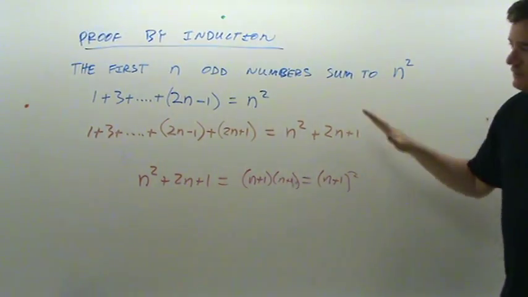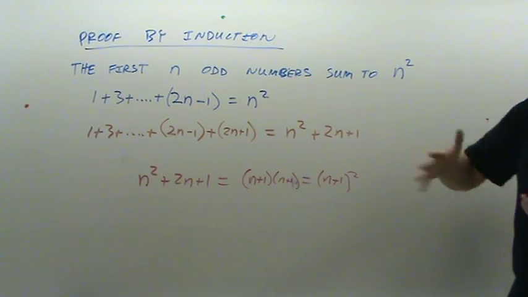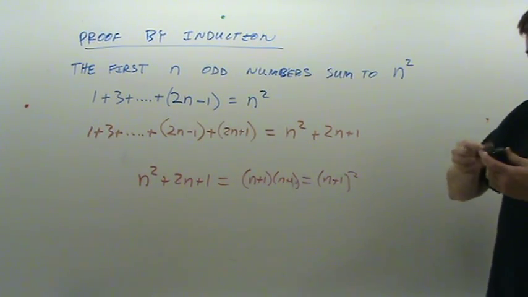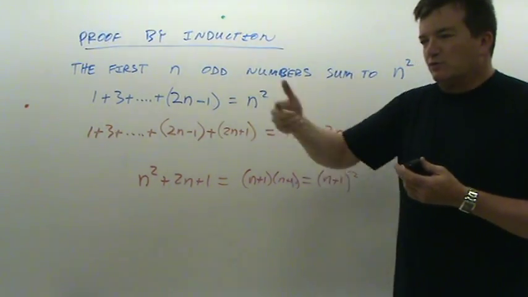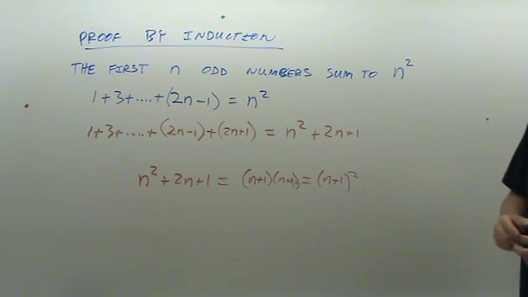A lot of times when you're doing the proof of correctness of the algorithm, you want to somehow order your inputs to say, if it works for this input, it should work for the very next one, and therefore it should work for all inputs. So proof by induction is the most common way to prove the correctness of an algorithm.